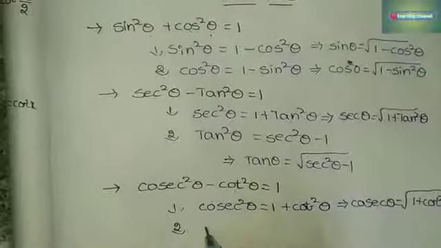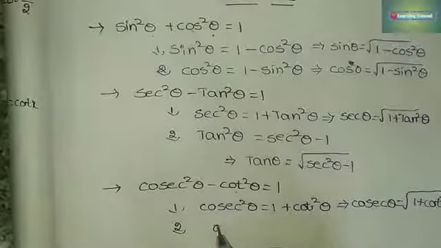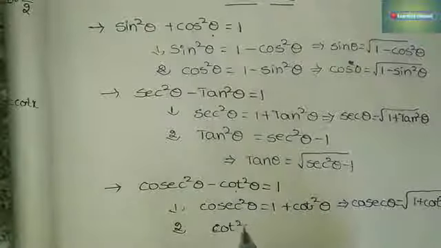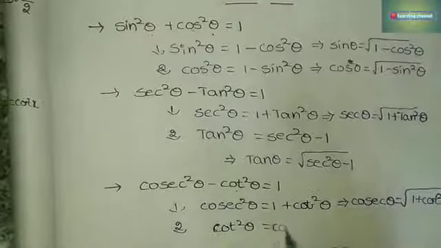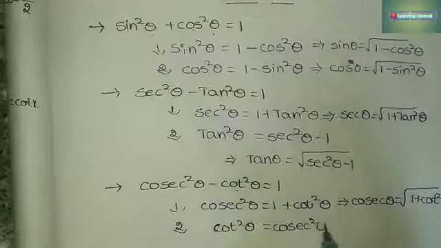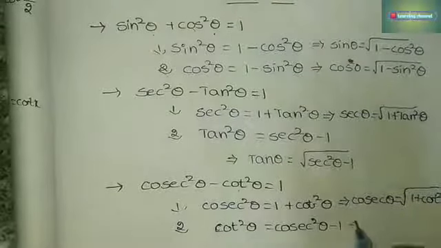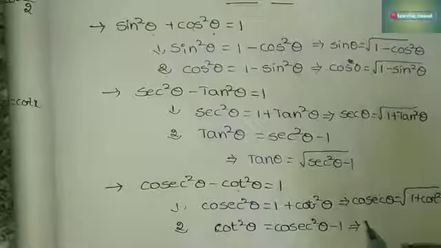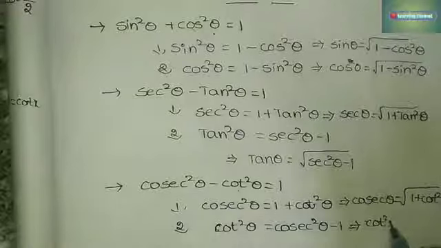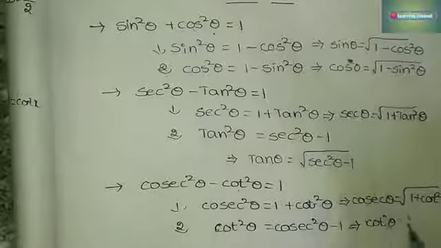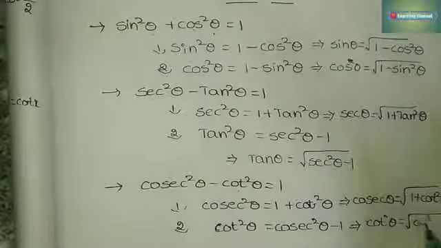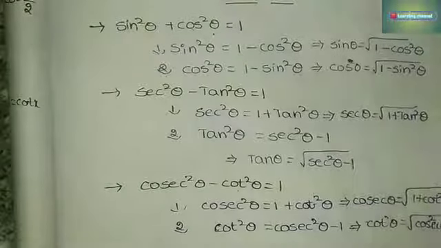In the second deduction, cot square theta is equal to cosecant square theta minus 1. That implies cot theta is equal to square root of cosecant square theta minus 1.